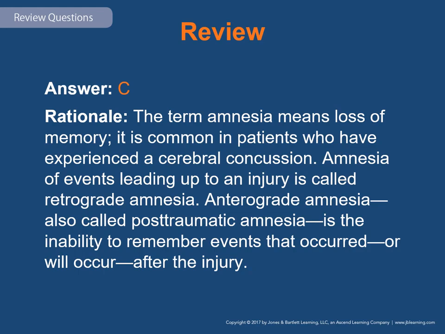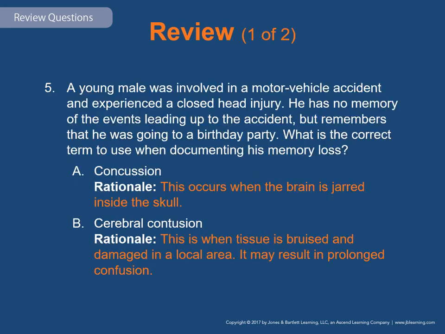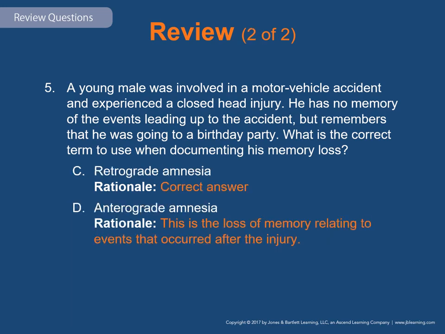We covered in this question also the correct answer and the incorrect answers. So let's move on and let's make sure that you remember and know the differences between concussion, cerebral contusion, retrograde amnesia, and anterograde amnesia.